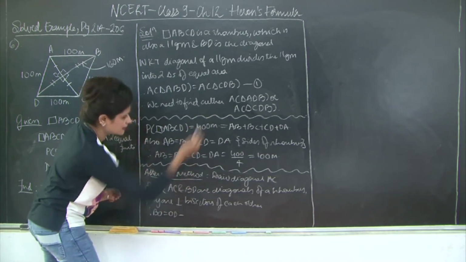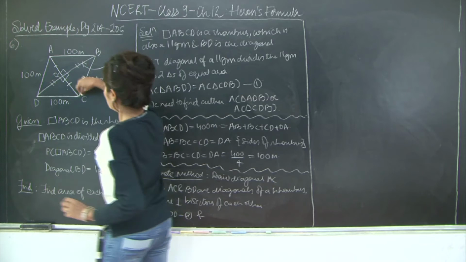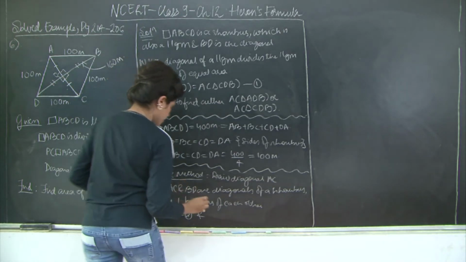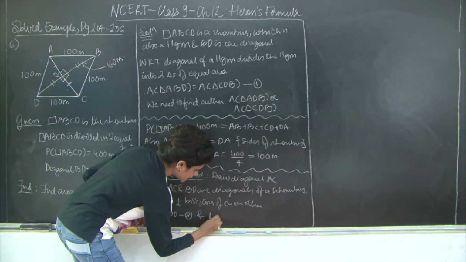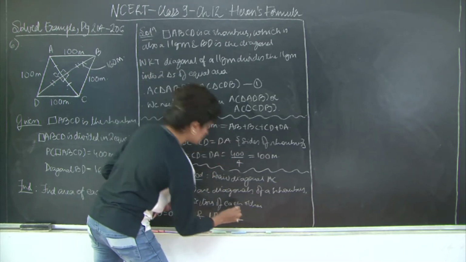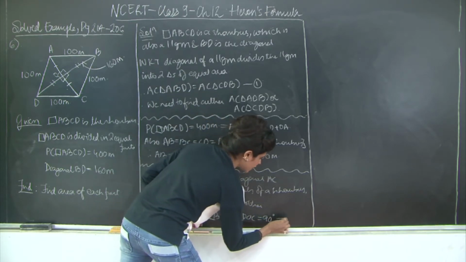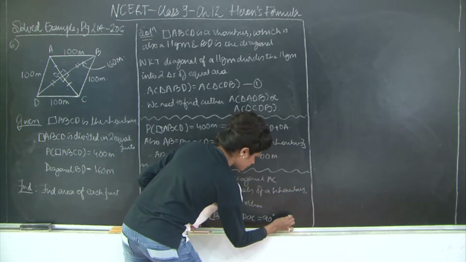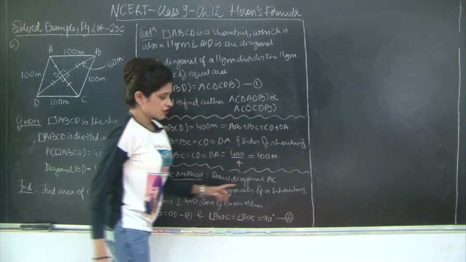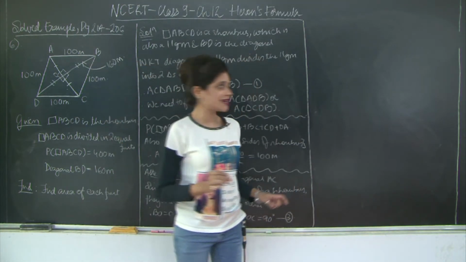I'll mark this as 2, and also I have angle BOC is equal to angle COD, which is 90 degrees. So angle BOC is equal to angle DOC, which is equal to 90 degrees, and I'll mark this as 3. So now in triangle BOC we are going to find the length of OC, which is the height.